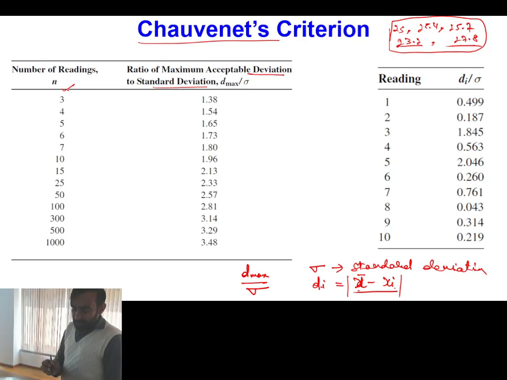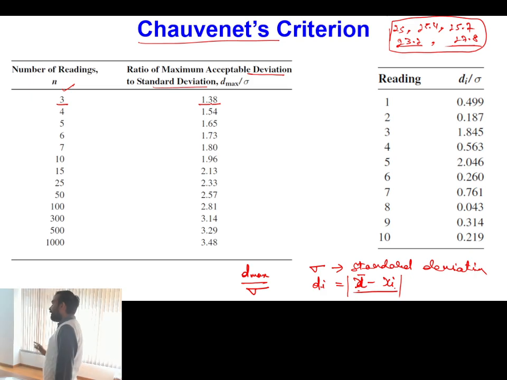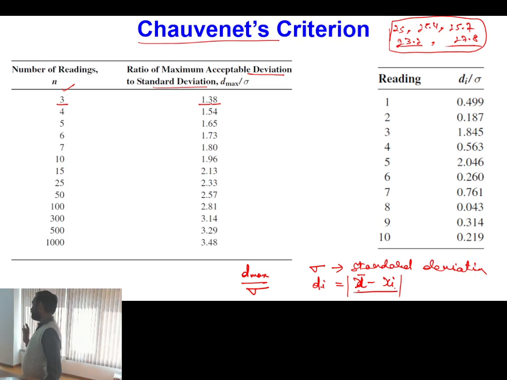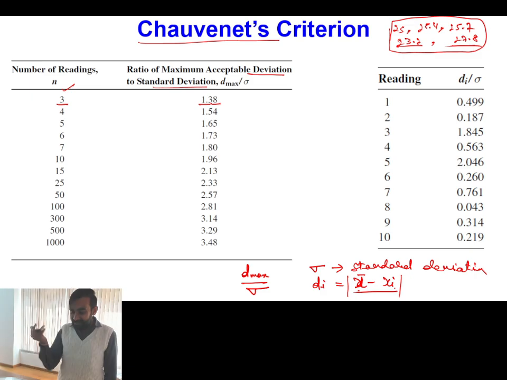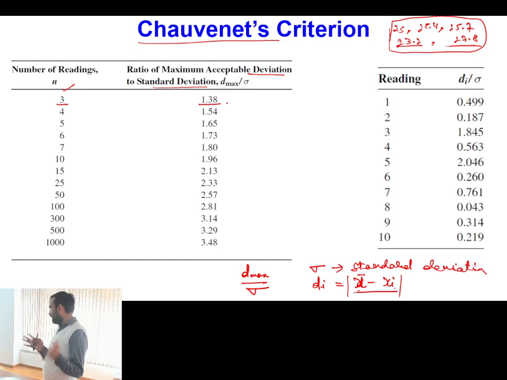Okay, so if you have 3 readings, then if the deviation divided by sigma is less than 1.38, it means all our readings are acceptable. If the deviation of any reading is beyond this limiting condition of 1.38, then we have to remove that reading, and with the remaining readings we have to do the further analysis.